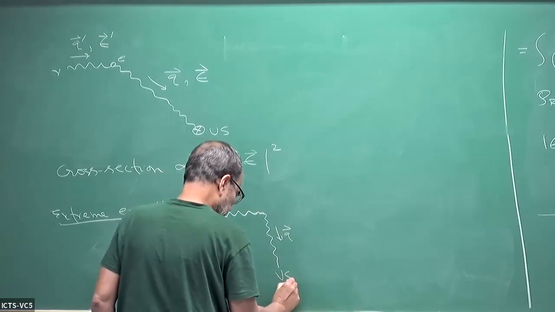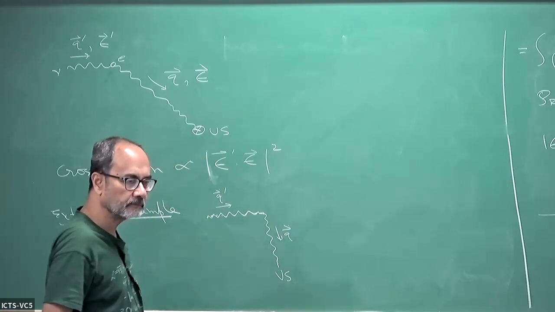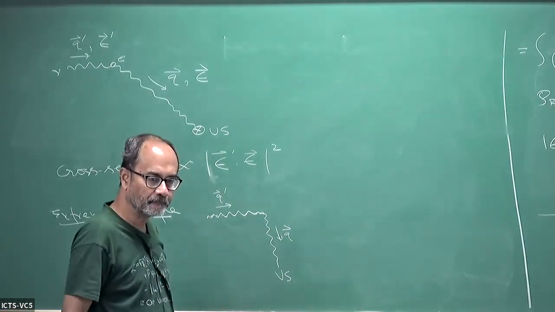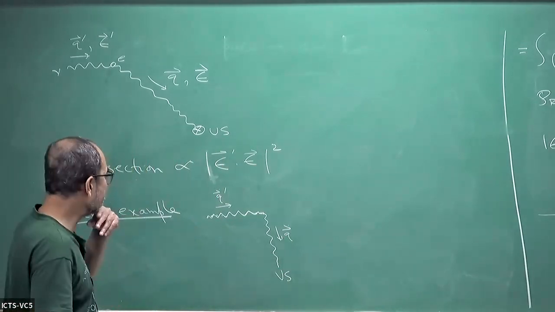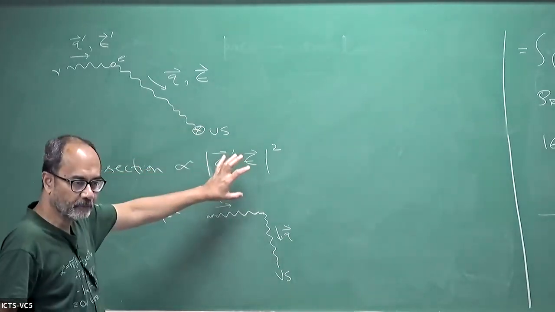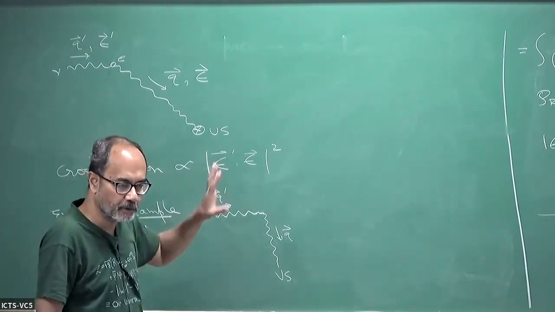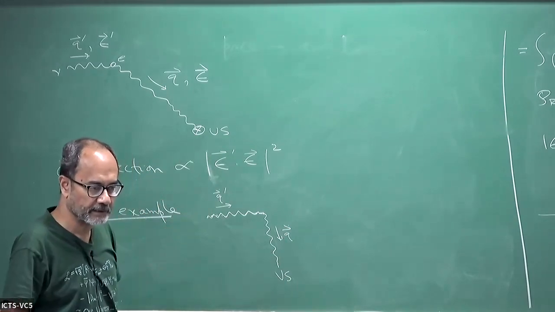This is not a full Feynman diagram, I'm just drawing the path of the photon. But this result comes from a Feynman diagram: if you do the Feynman diagram calculation at low energy, you find that there is an epsilon prime dot epsilon mod square that comes in the expression for the cross section.